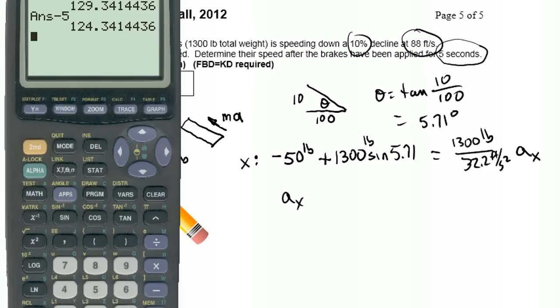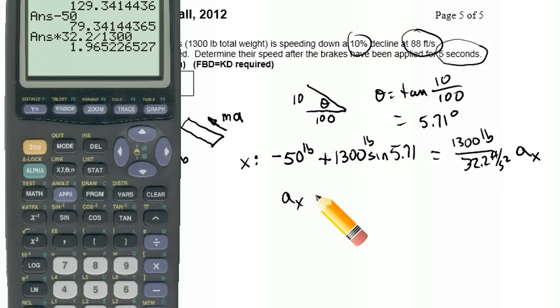Let's just start over again. Second recall. So there's that number minus 50. So there's our net force times 32.2 divided by 1300. Okay, so acceleration is 1.965 feet per second squared.